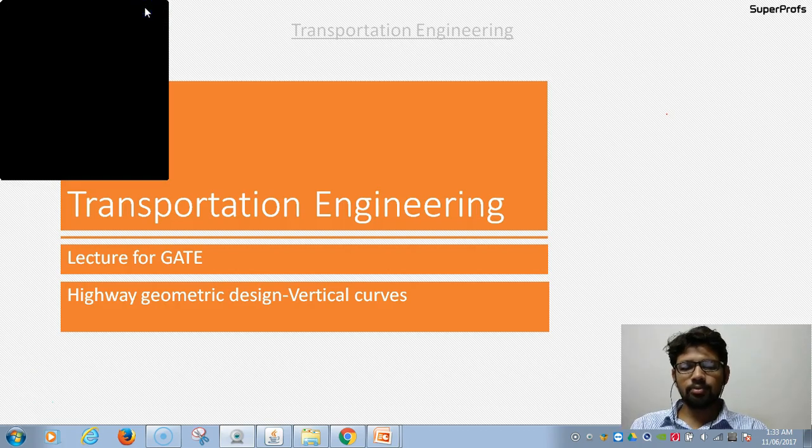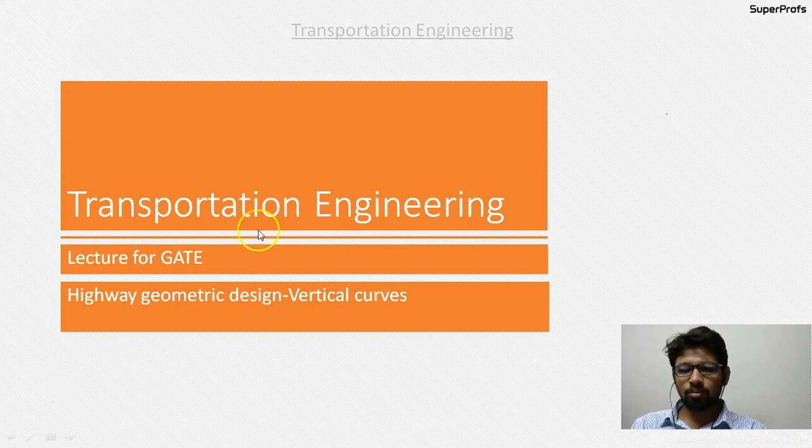So guys, now we will move on to the next chapter, next topic, that is the vertical curves in the highway geometry design. So till now what we discussed was the horizontal curves and the transition curves. Transition curve, I'll say it is part of horizontal curves itself. But now we will discuss the curves in the vertical plane.